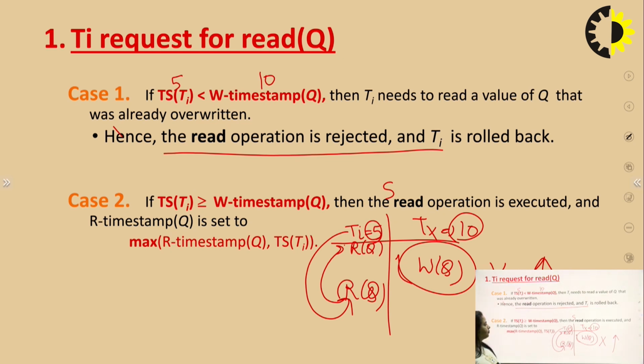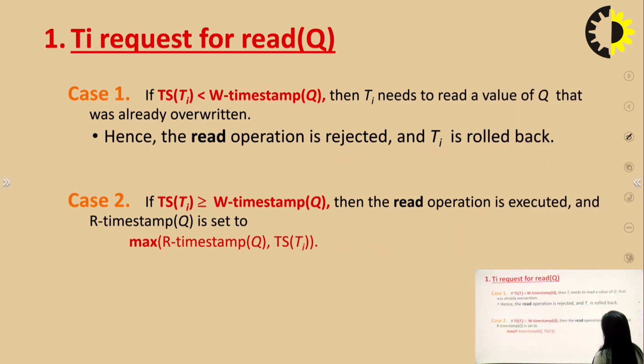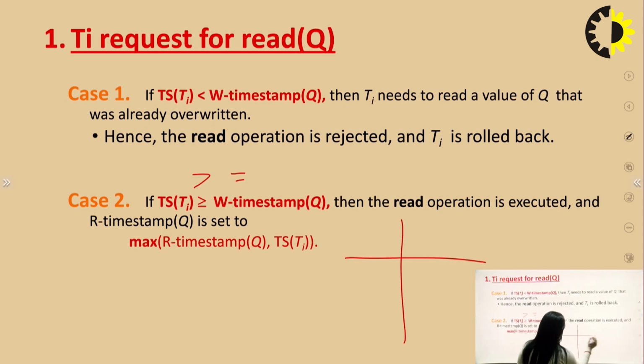This is the scenario. Next, consider case number 2, where the timestamp of TI is greater than or equal to the write timestamp of Q. Here we have two scenarios: one is greater than, one is equal to. First take greater than.